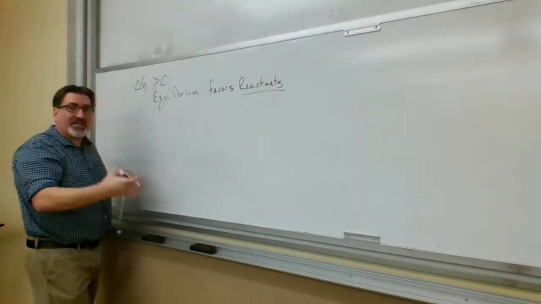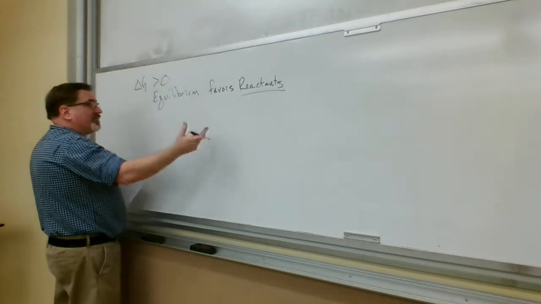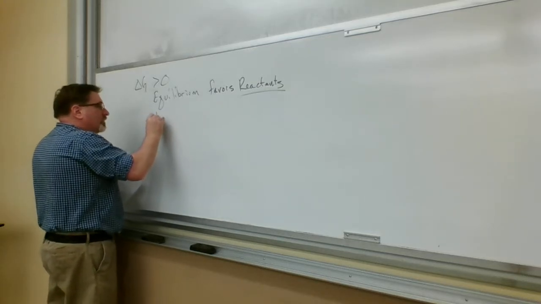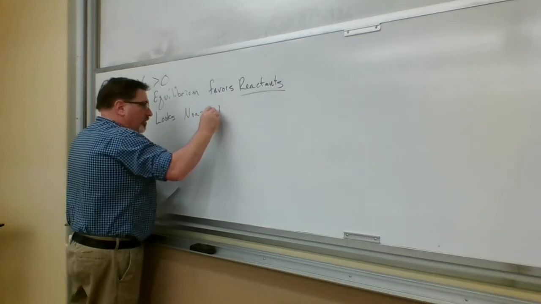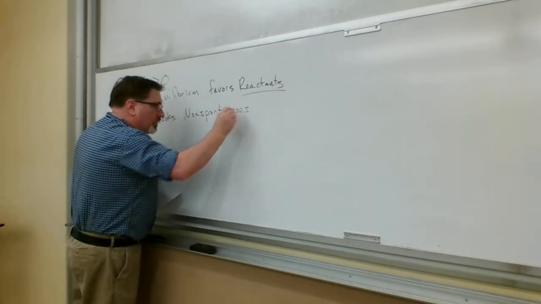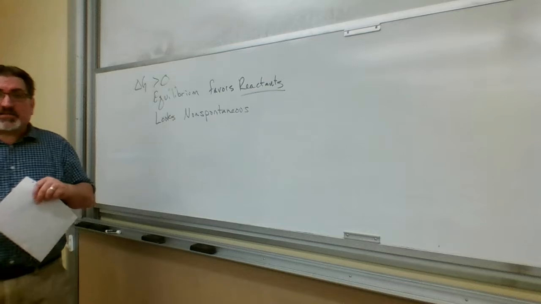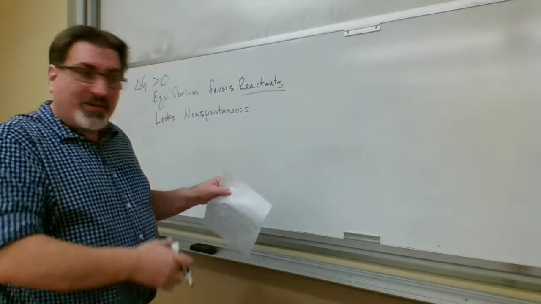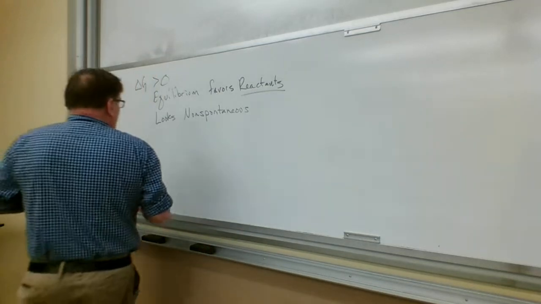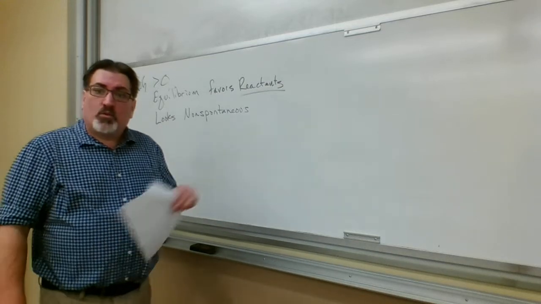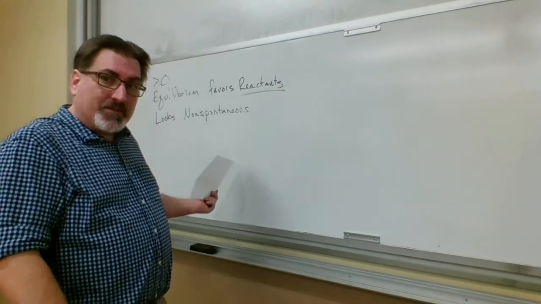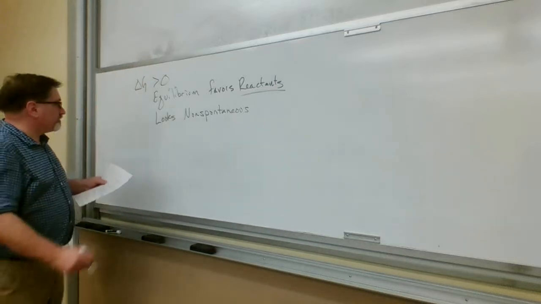And so when we look at a situation like that, when equilibrium favors reactants, to us that looks non-spontaneous. It's not making much product. There's still a lot of reactant left over. This was also the scenario when K was small, right? When K was small, we didn't make much product. There's a lot of reactants left over.